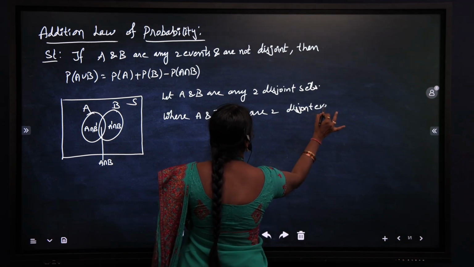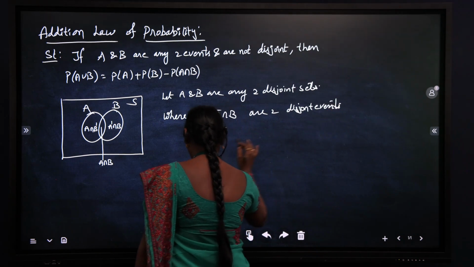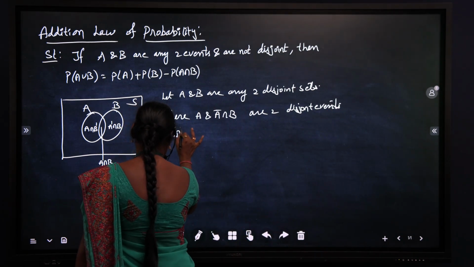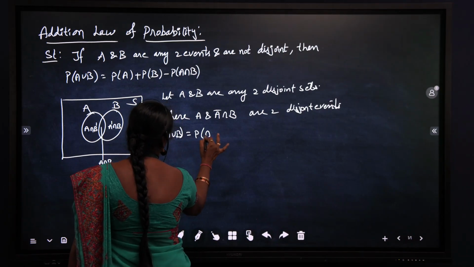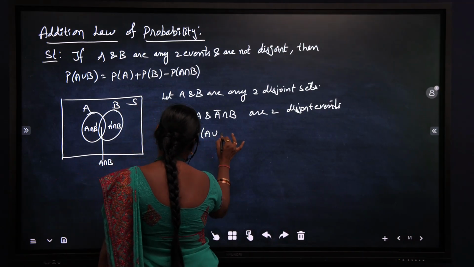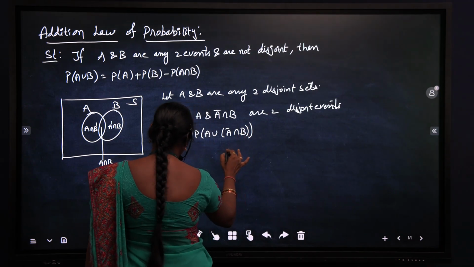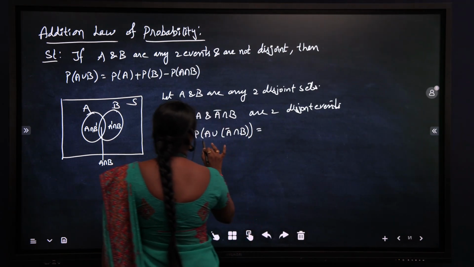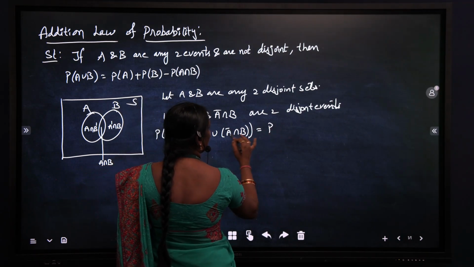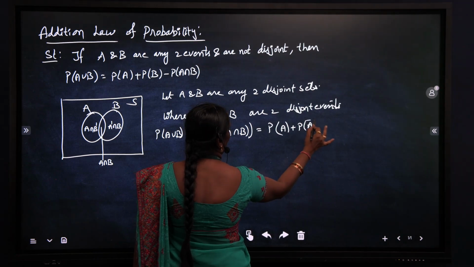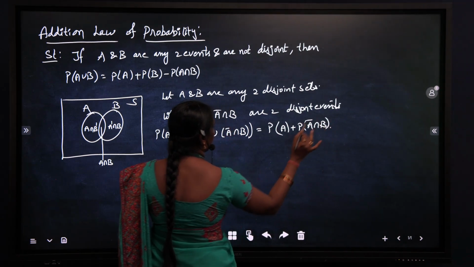If these are two disjoint sets, we can write P of A union B as P of A union A bar intersection B. By the theorem, if these are disjoint sets, we write this as P of A plus P of A bar intersection B.